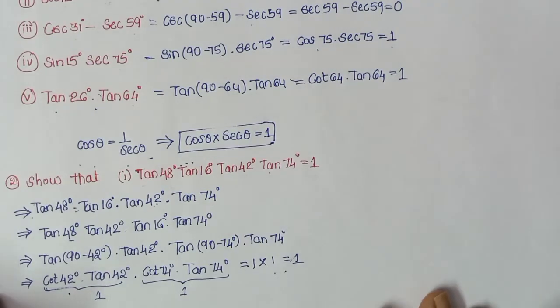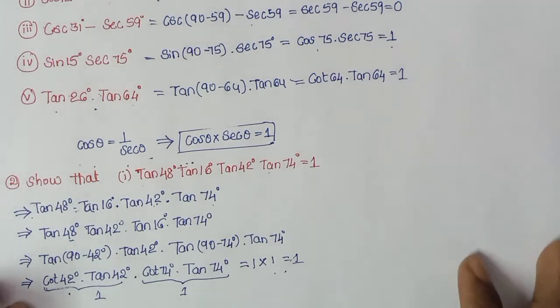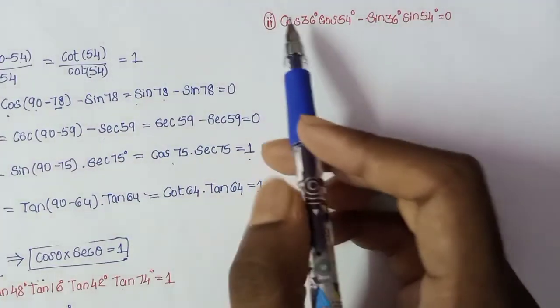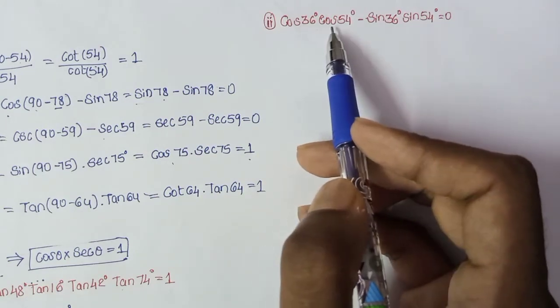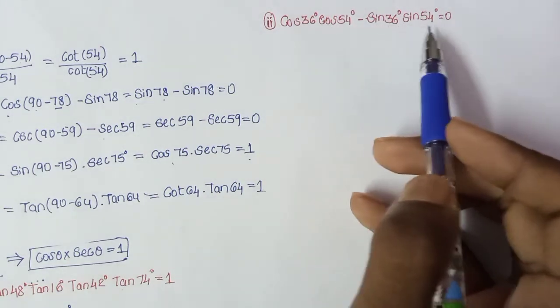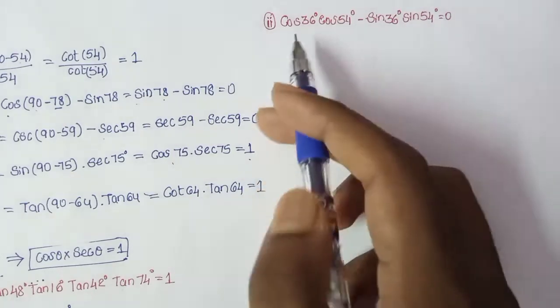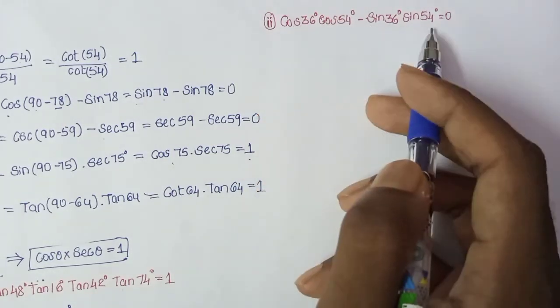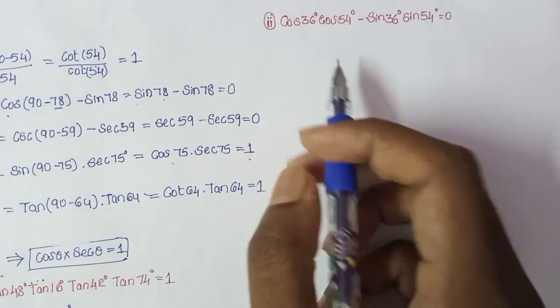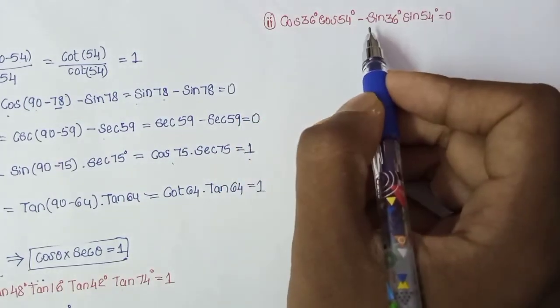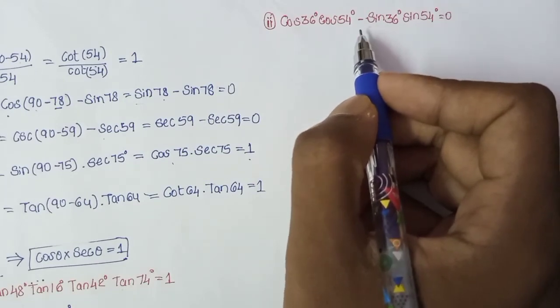We'll see another problem regarding this topic. Next question. They asked to show that cos 36 into cos 54 minus sin 36 into sin 54 is equal to 0. That is cos A cos B minus sin A sin B equal to 0. This question we can solve in two manners.